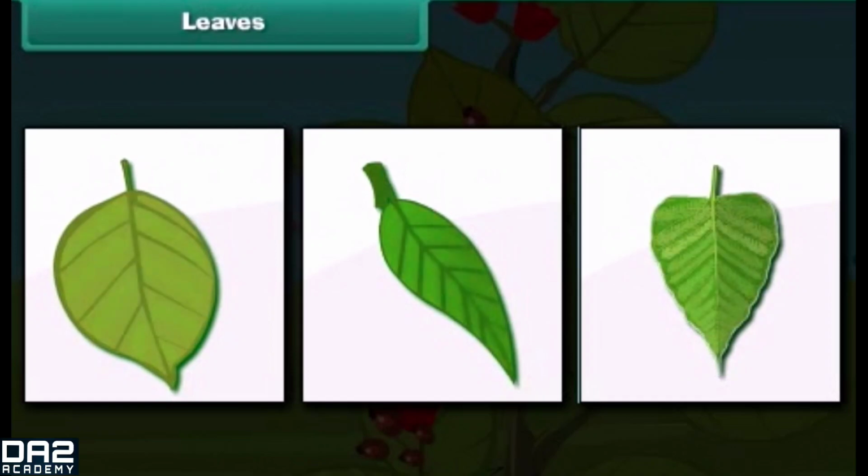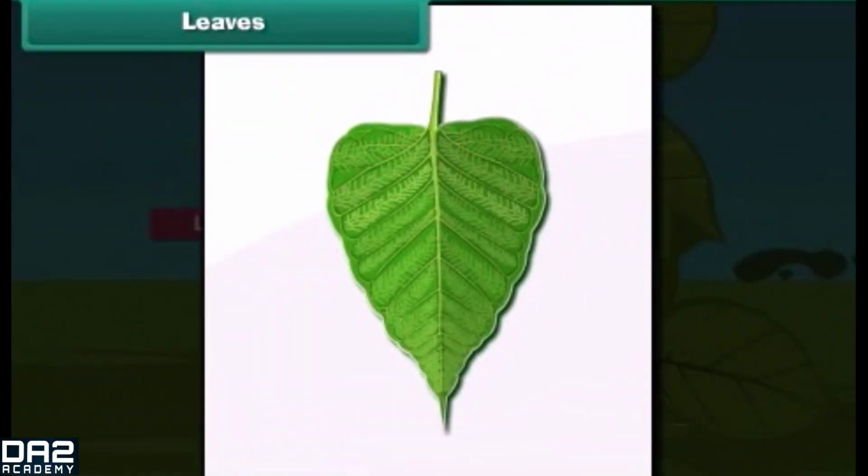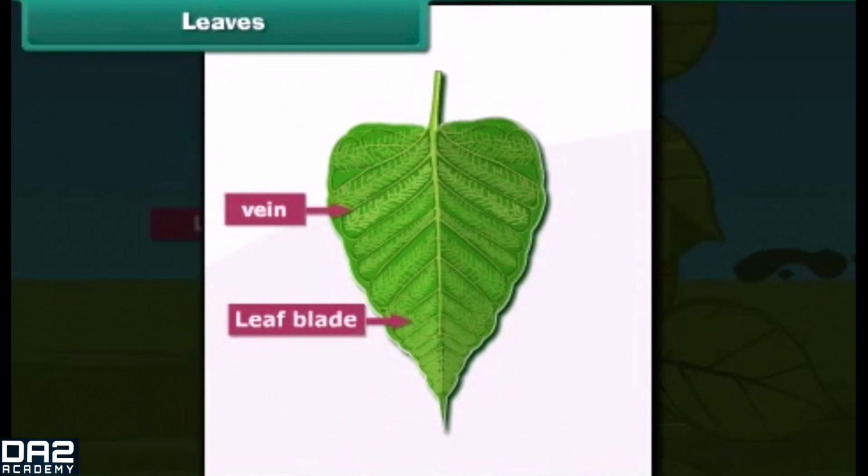Some of them have straight margins, while some have uneven margins. The flat part of a leaf is called leaf blade. Each leaf on its leaf blade has a main vein and many small veins connected to it.